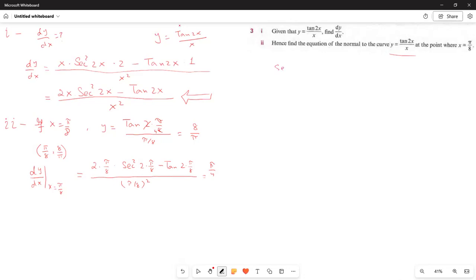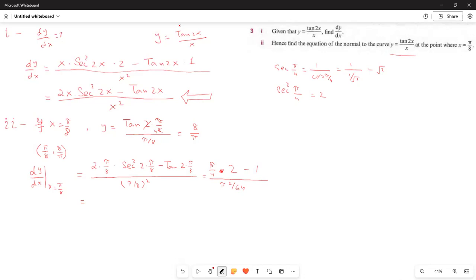You see, secant pi by 4 is equal to 1 over cosine of pi by 4. And cosine of pi by 4 is 1 over under root 2. Remember? So this will become 2 under root. And when we make the square of the secant square pi by 4, it will become 2 only. So we have multiplied by 2, and minus tangent of pi by 4 is 1, and divided by, this is going to be pi square by 64.